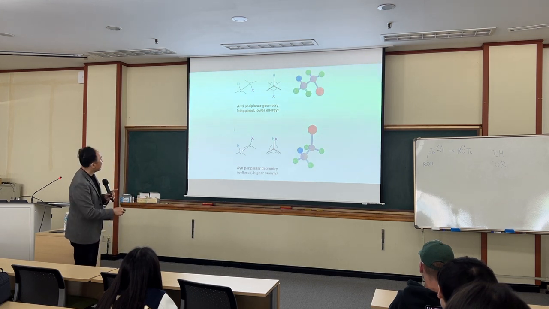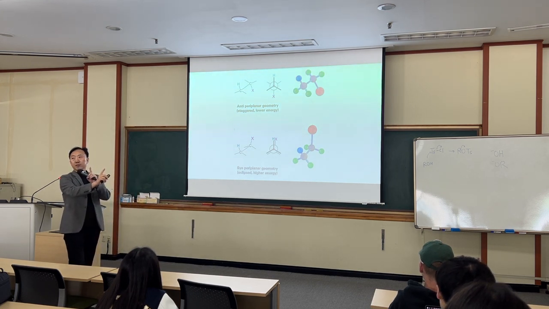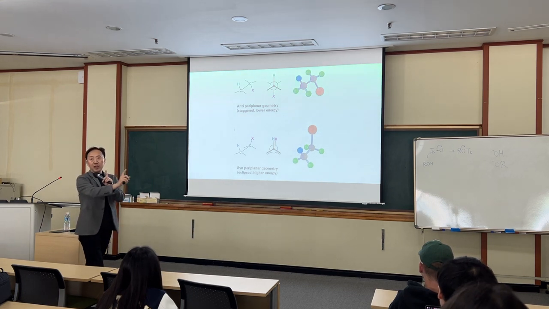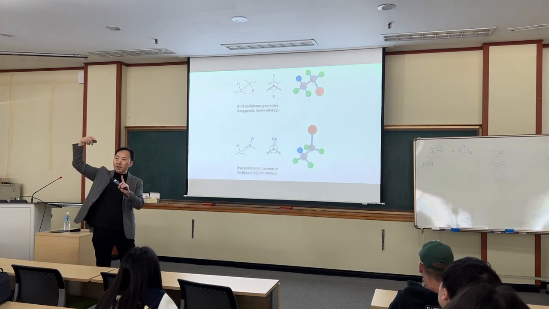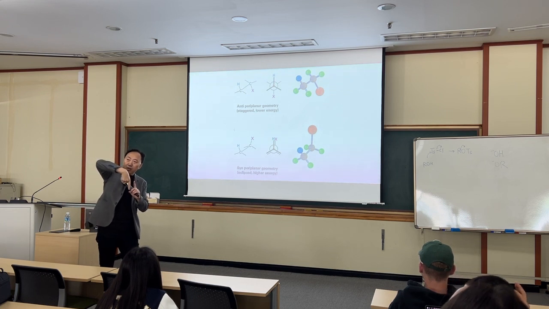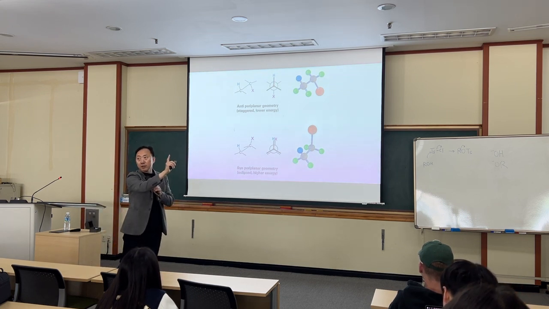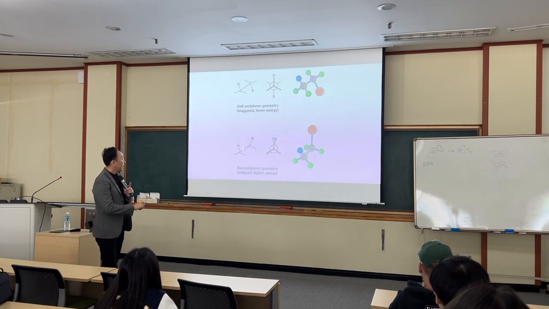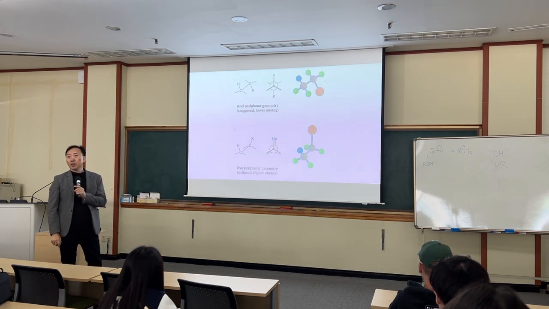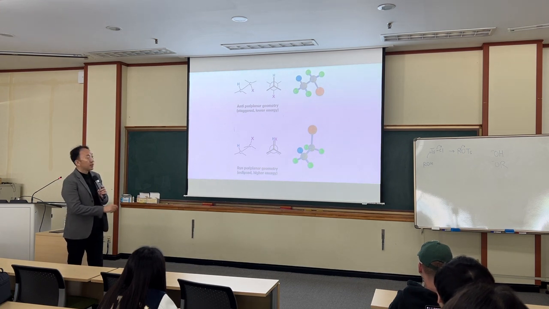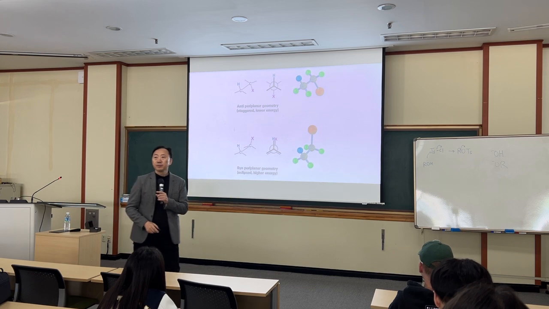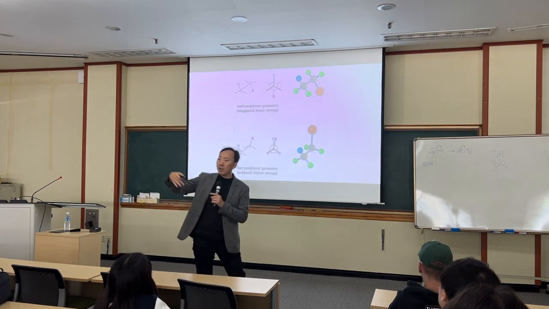If this is overlapped like this, even though it looks like it's on the same line, now the electron flow is: base comes here, electron pushes down, somehow it should come back and attack this way. It's not really favored. E2 reaction happens when it has this kind of anti-orientation. Makes sense, right? The electron flow should be on the same line.